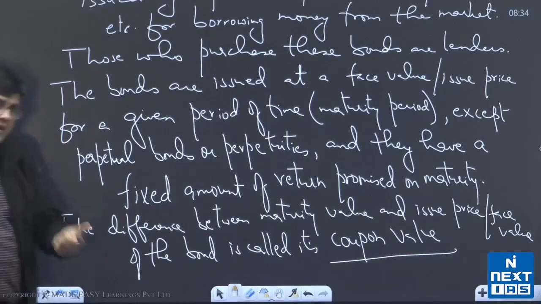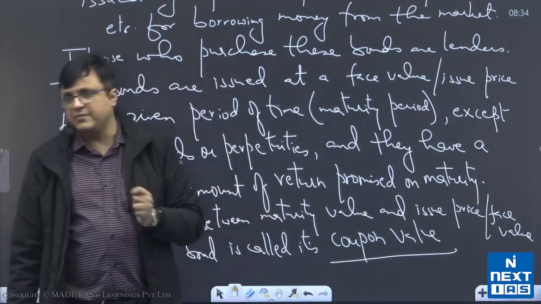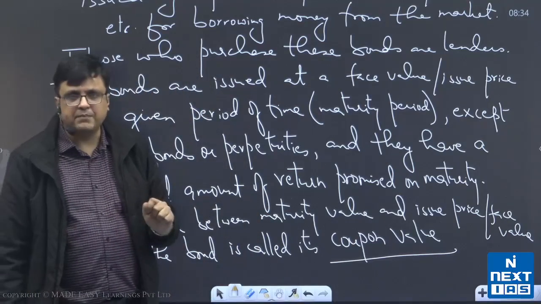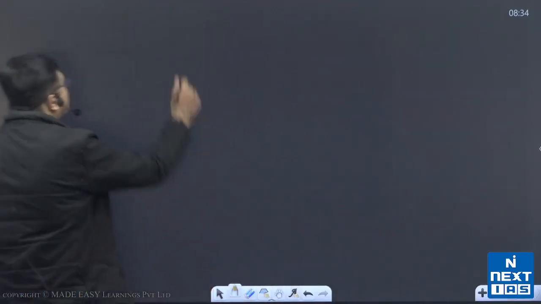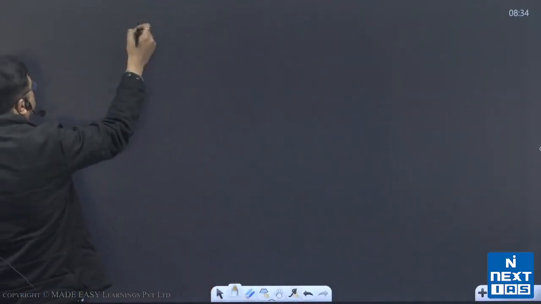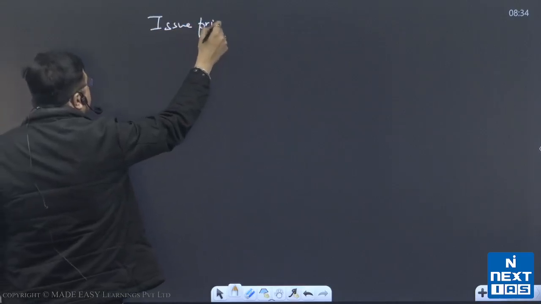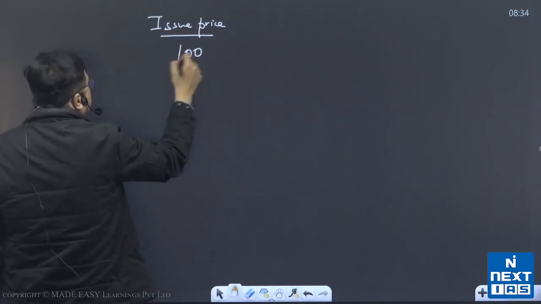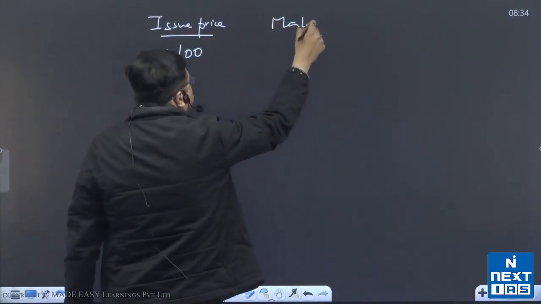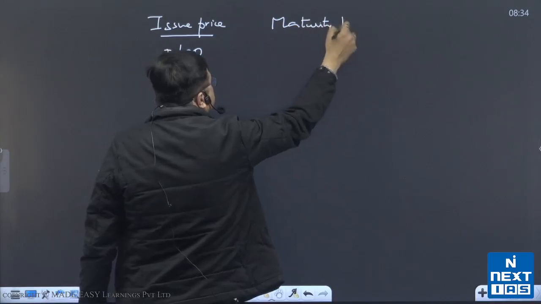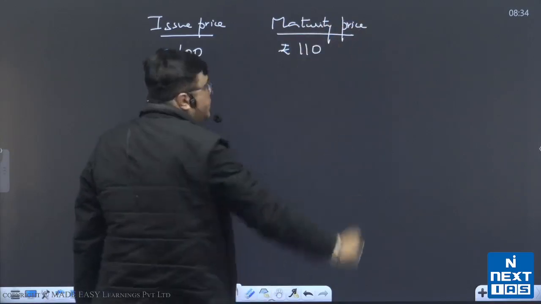I'll make you now understand how it is related to speculation or expectation, and how it decides money demand. I'm giving you an example and we'll build on that. Suppose I create a hypothetical situation. Suppose there is an issue price of a bond of 100 rupees, and a maturity price of the bond of 110 rupees.